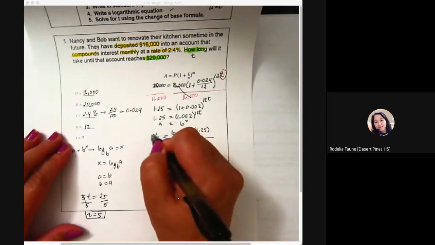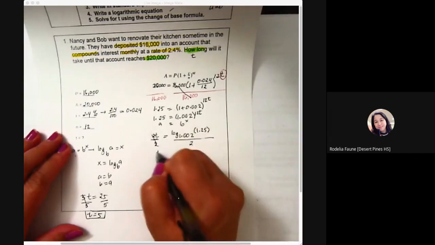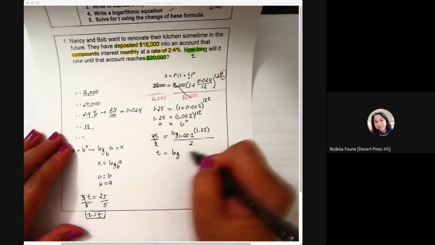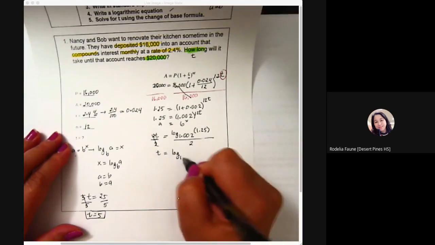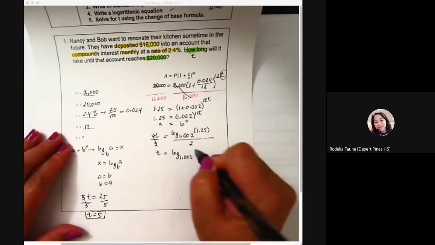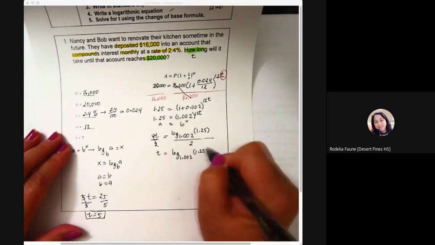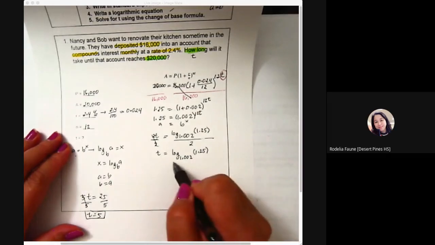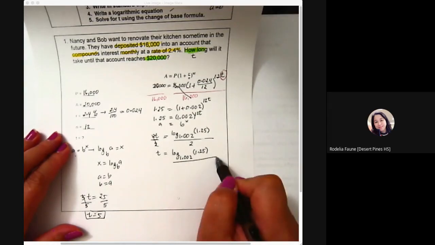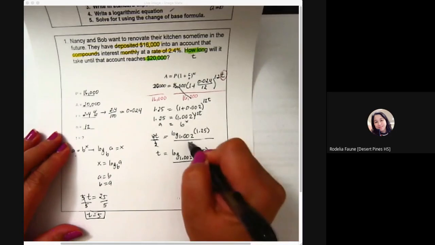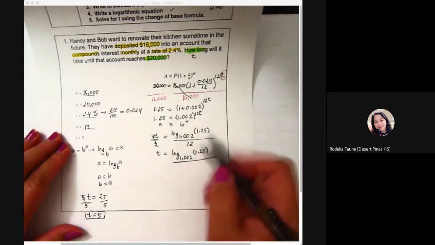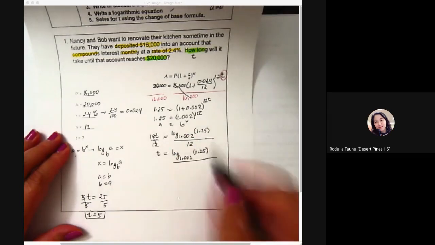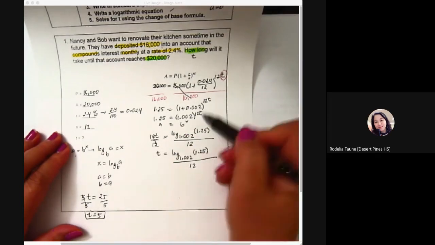So 2 divided by 2 is 1. 1t, and then we just copy the entire thing, equals the logarithm of base 1.002 to 1.25, divided by 12. Sorry, this is 12. So 12t.